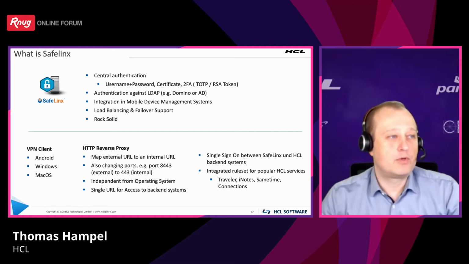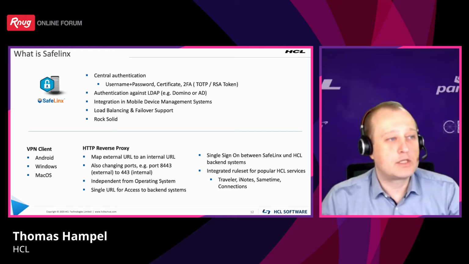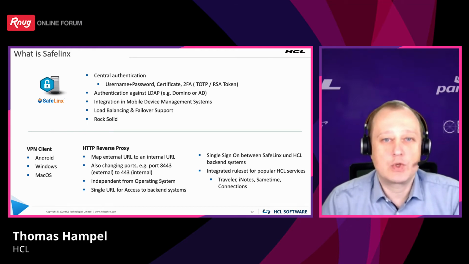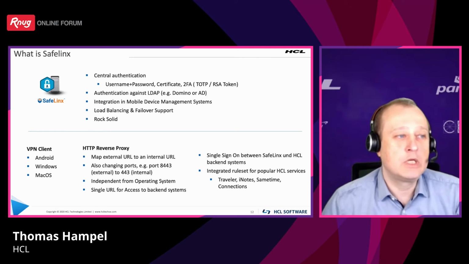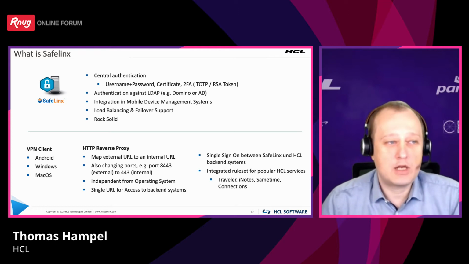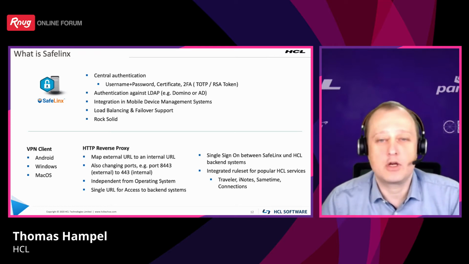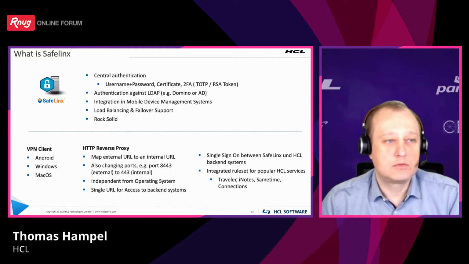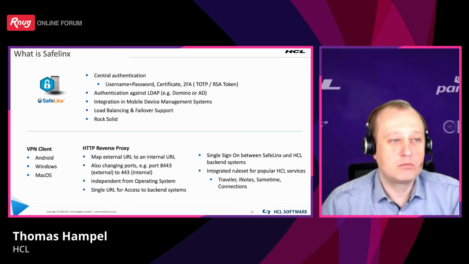All of this provides one single entry point to your corporate environment, meaning you have the ability to configure central authentication using either username and password, or if you like, certificate-based authentication. You can configure two-factor authentication, for instance using TOTP, which is one type of two-factor authentication standard, or if you like, you can also configure the well-known RSA tokens.